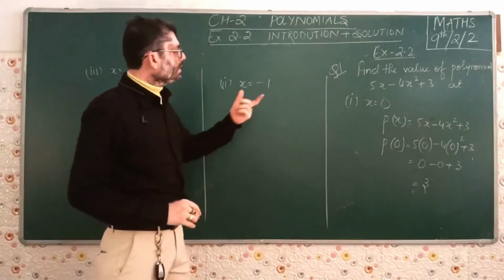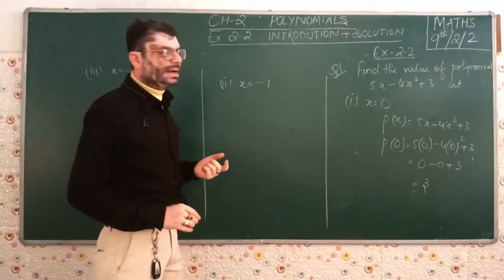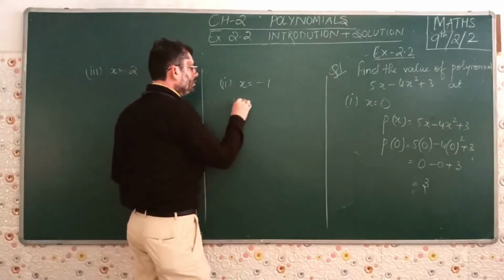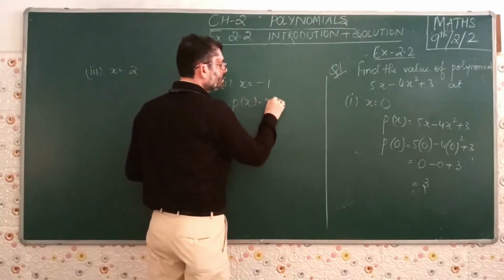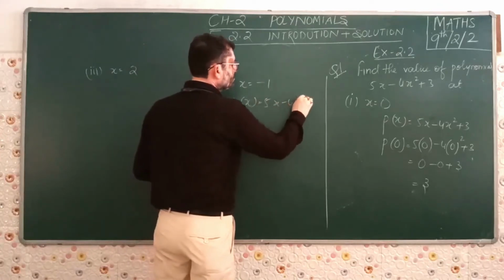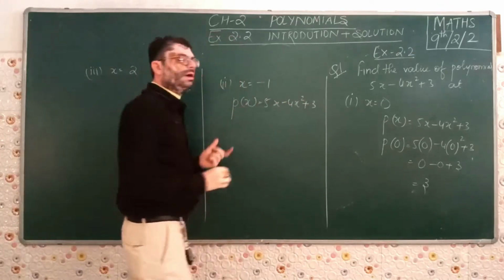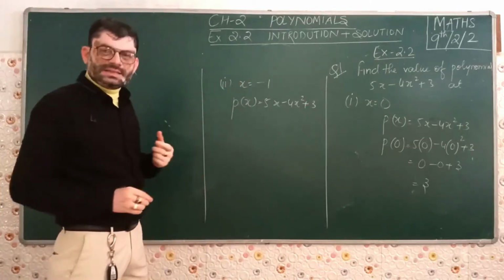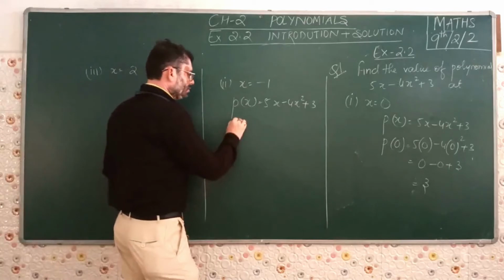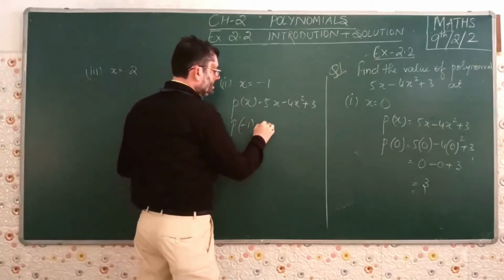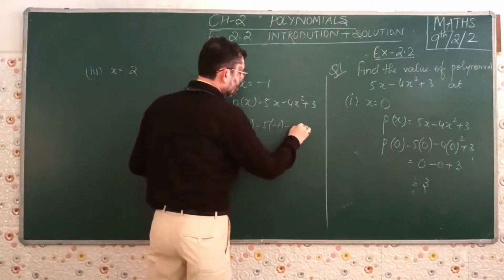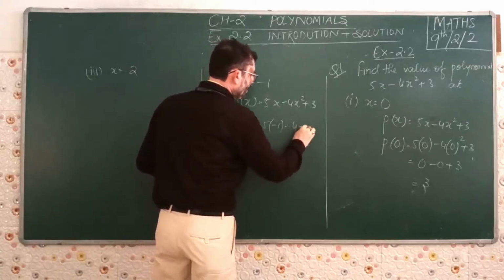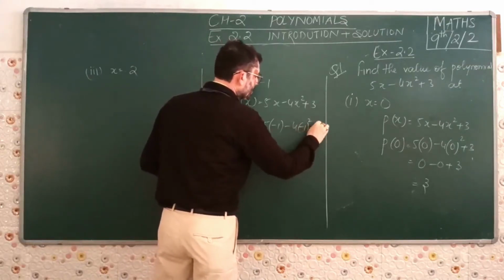Now moving on to x equals minus 1. We are given the polynomial p of x is equal to 5x minus 4x squared plus 3, and we need to find the value of the polynomial now at x equals minus 1. So let us substitute minus 1. So p of minus 1 is 5 into minus 1 minus 4 into minus 1 square plus 3.